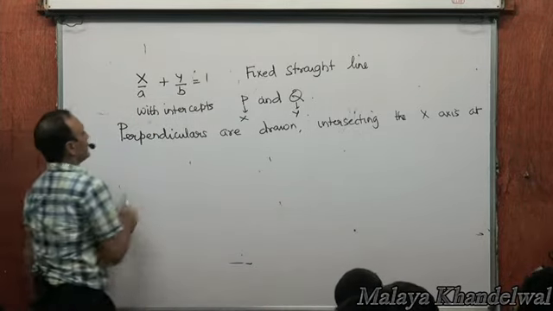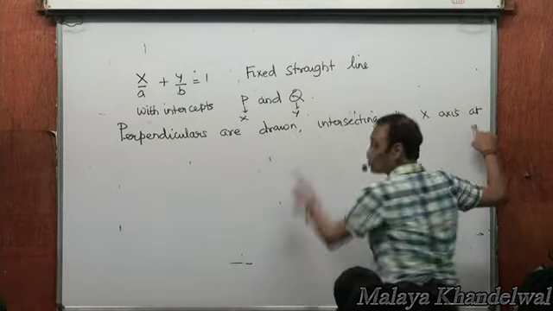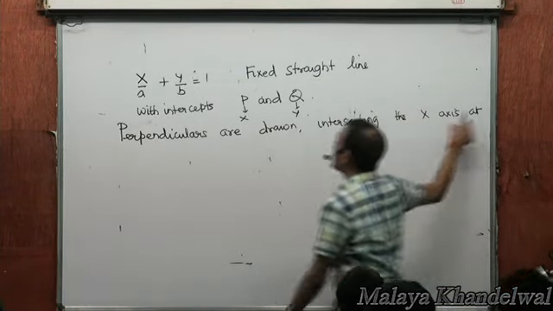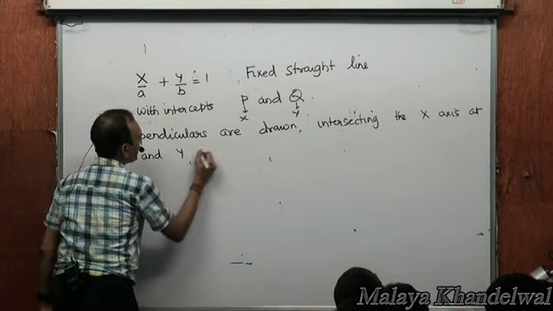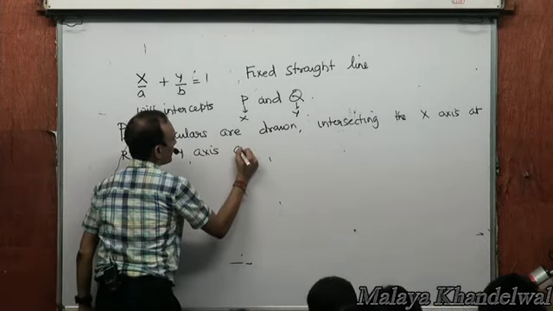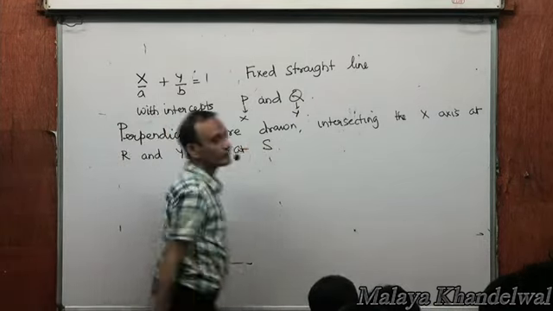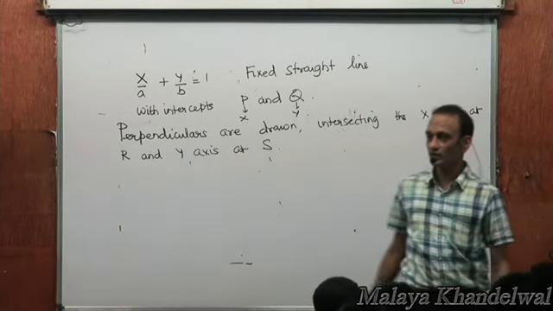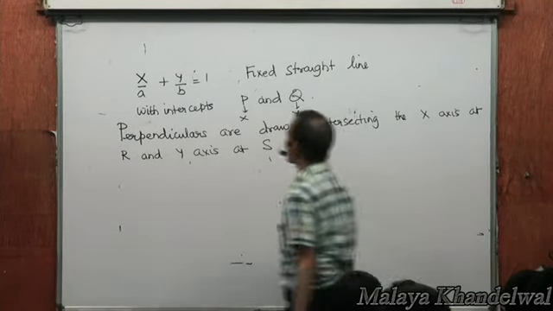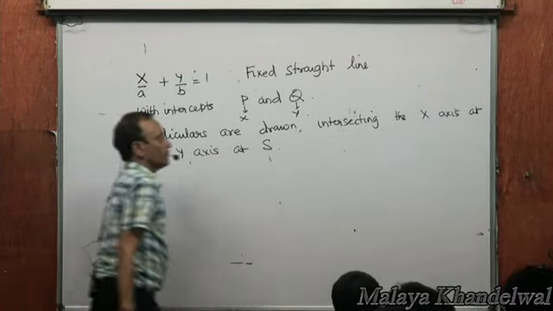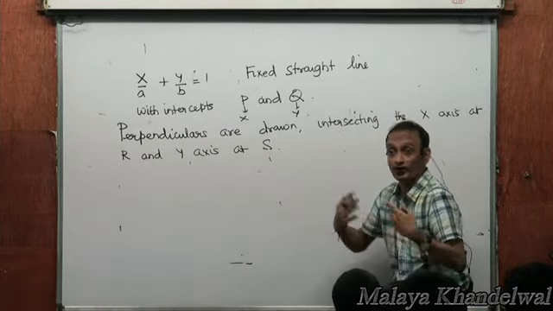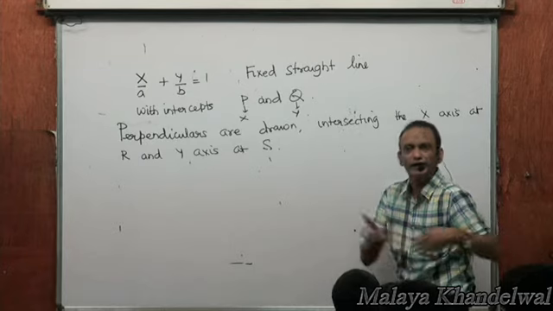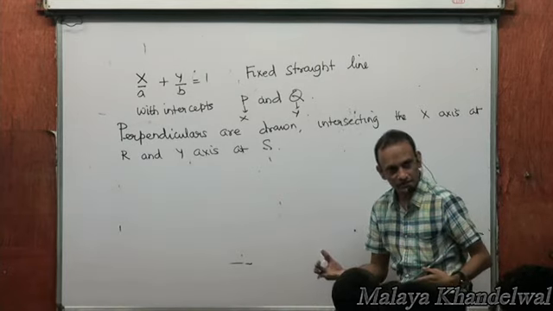Okay. And then perpendiculars are drawn to this line intersecting the x-axis at R and y-axis at S. Right? So obviously these R and S are variable points because different perpendiculars will give me different intercepts R and S. Right?